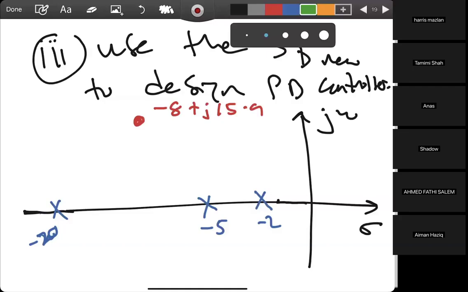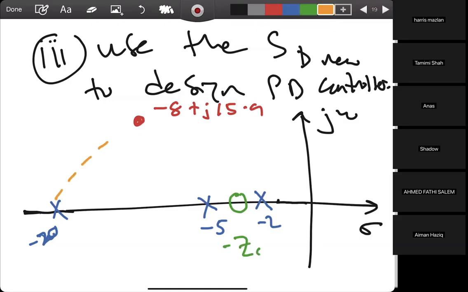Okay, we can put it between -5 and -20. Guessing. Okay, we put here. ZC. Okay. Then we draw the line.